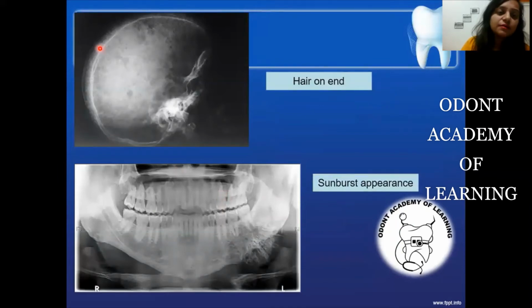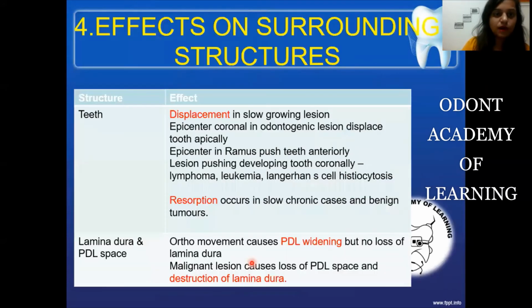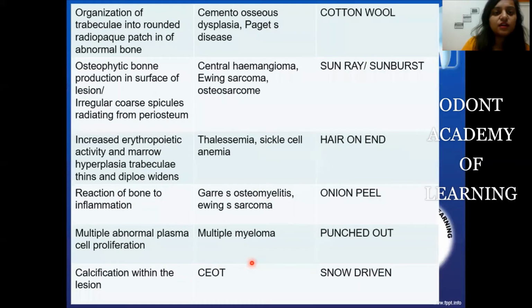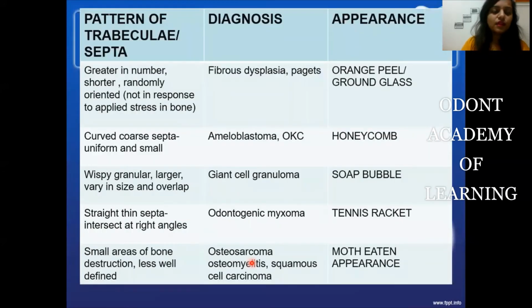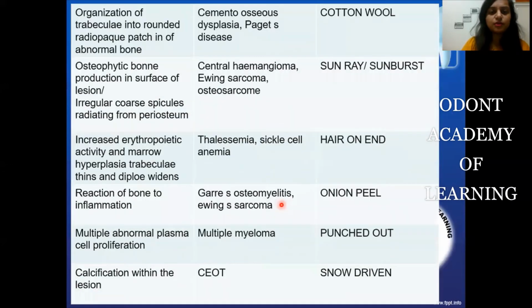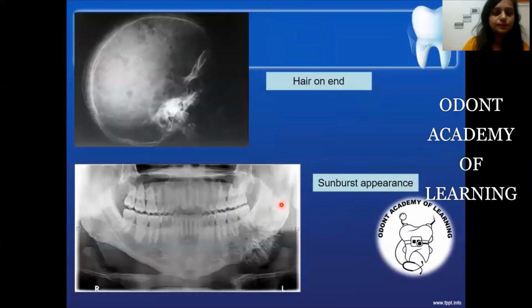And the hair-on-end appearance, wherein there are spikes of trabecular pattern, because the diploe enlarge and you have the trabeculae extending perpendicularly. Even in this case, you can appreciate the sunburst appearance, usually seen in osteosarcoma. So I have put everything here in a tabular format for your ease.